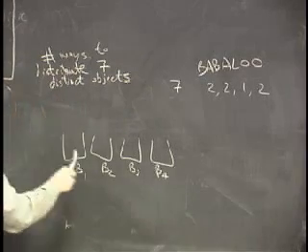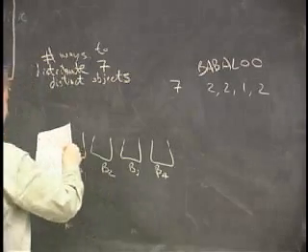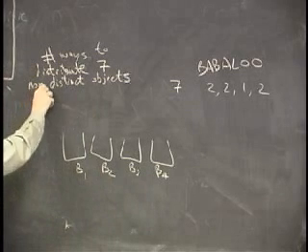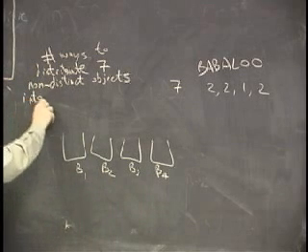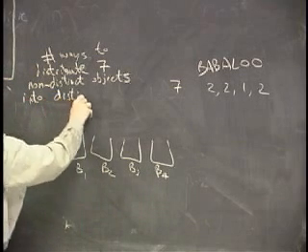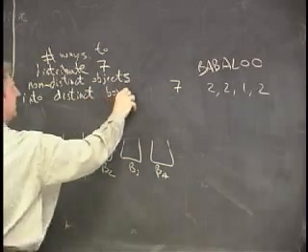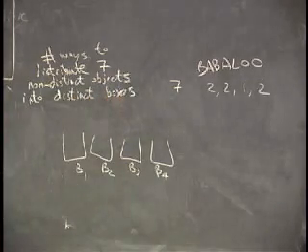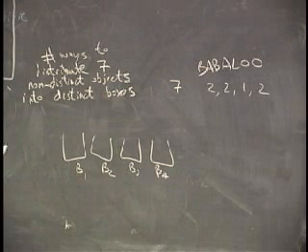Do I mean that? No. They're non-distinct objects into distinct boxes. I think this is what I mean. And if this isn't what I mean, then I'm going to have to come back to it later because I'll confuse myself.